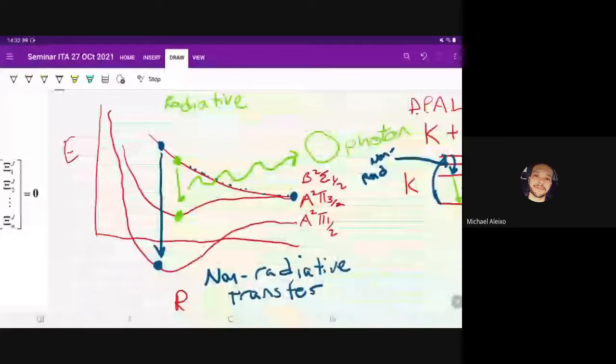At some point, or over some period, we are going to get this non-radiative transfer from the sigma 1/2 down to the pi 1/2. And that is when it is going to be ready to come back out as the helium goes away. And then once the potassium is all on its own, we can lase with it and we can stimulate it to fall back down to the ground state.